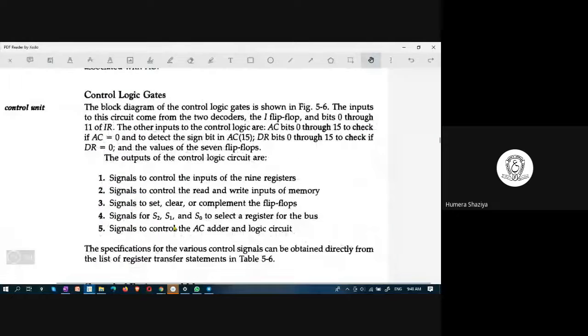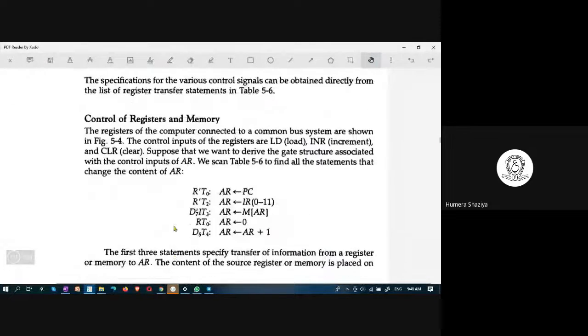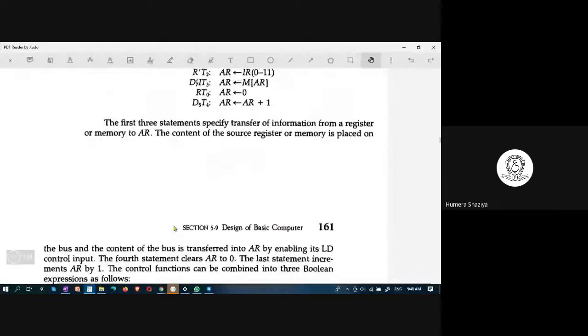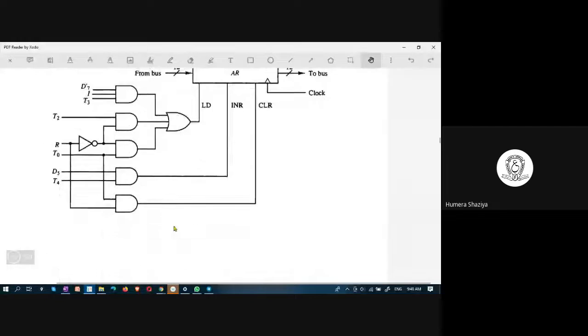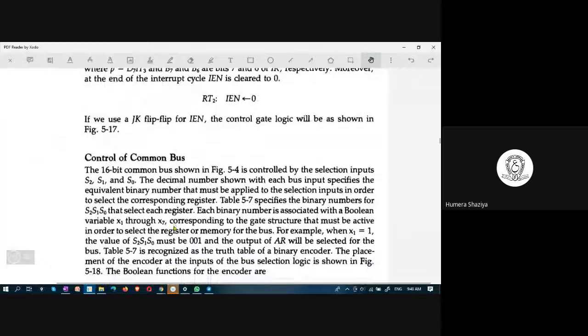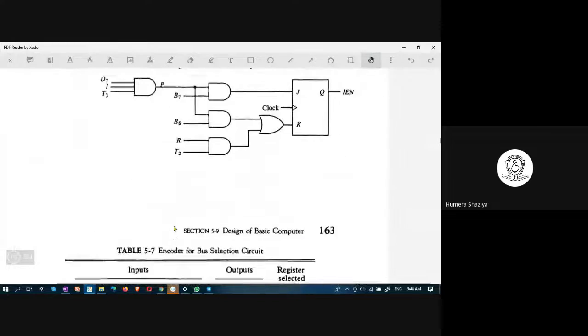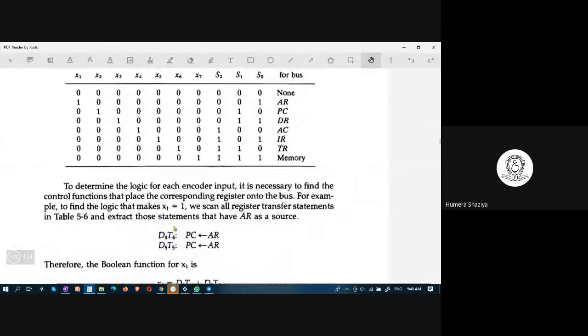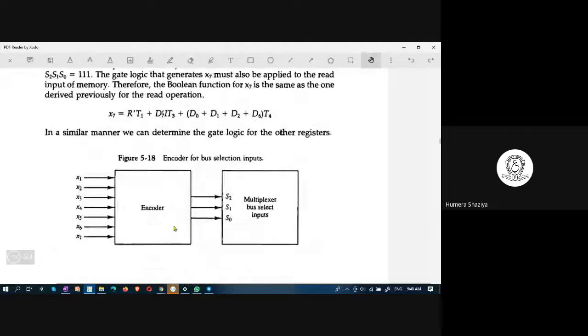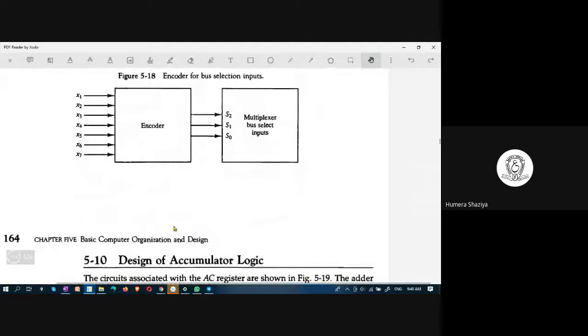And here you have also got control logic gates, what is control memory. All this gives you insights into the operation of a basic computer system. This is a very basic computer system. Our computer systems are too complex and complicated, but if you learn simple things, you can escalate that understanding to the complex thing.